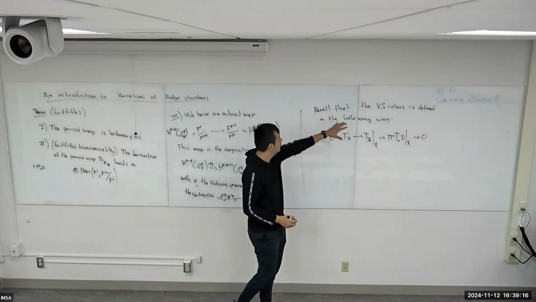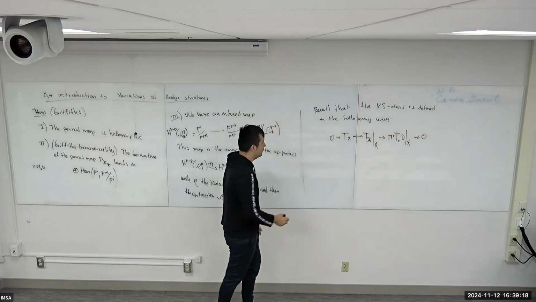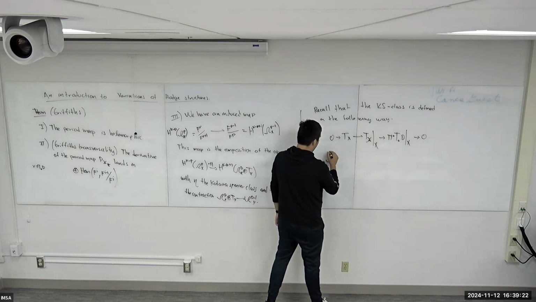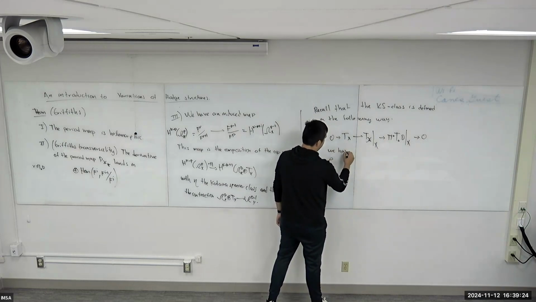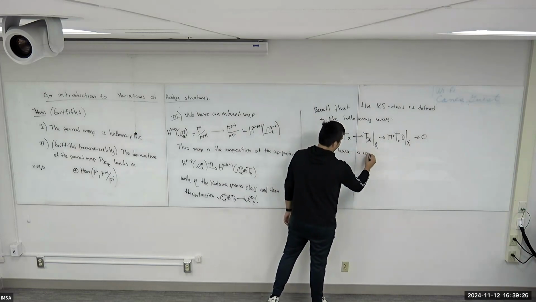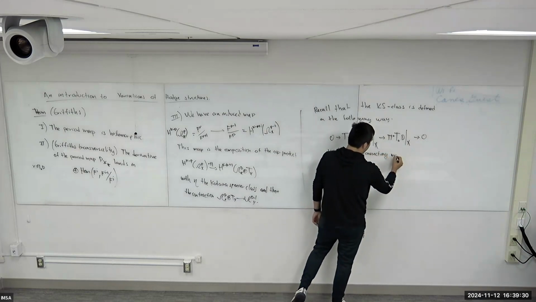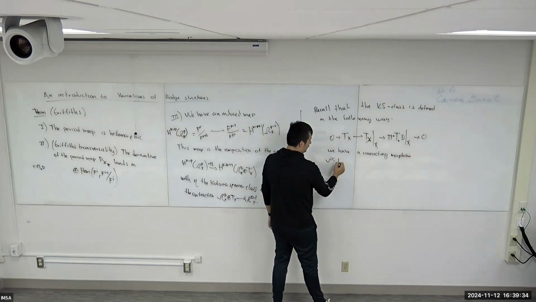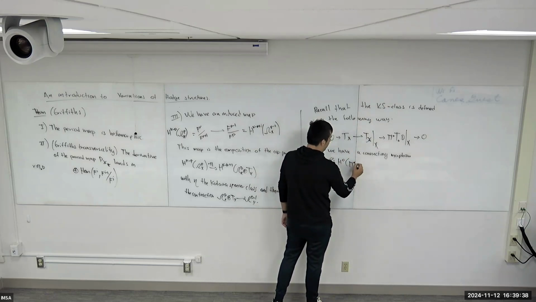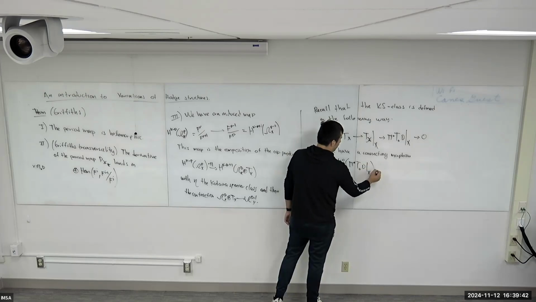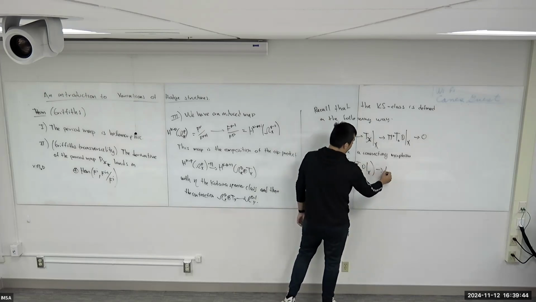So the Kodaira-Spencer class is defined as follows. We have a connecting morphism that goes from H^0 of the pullback of the tangent space and goes to H^1 of T_X.